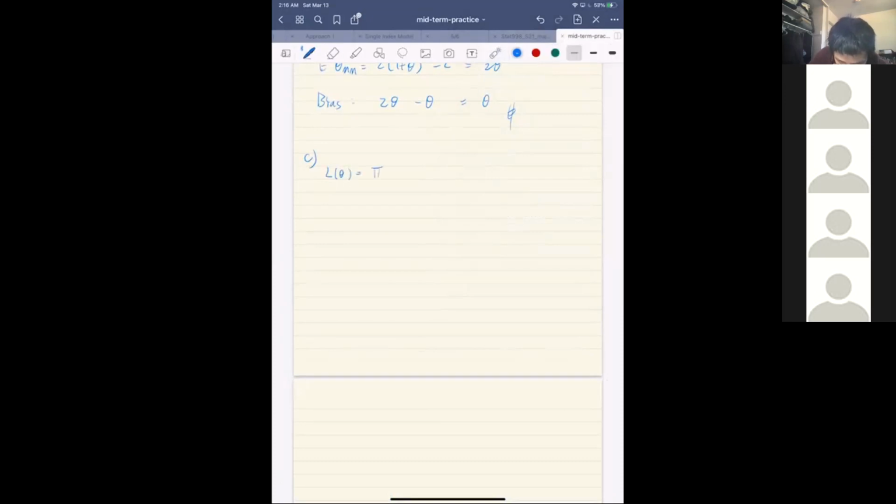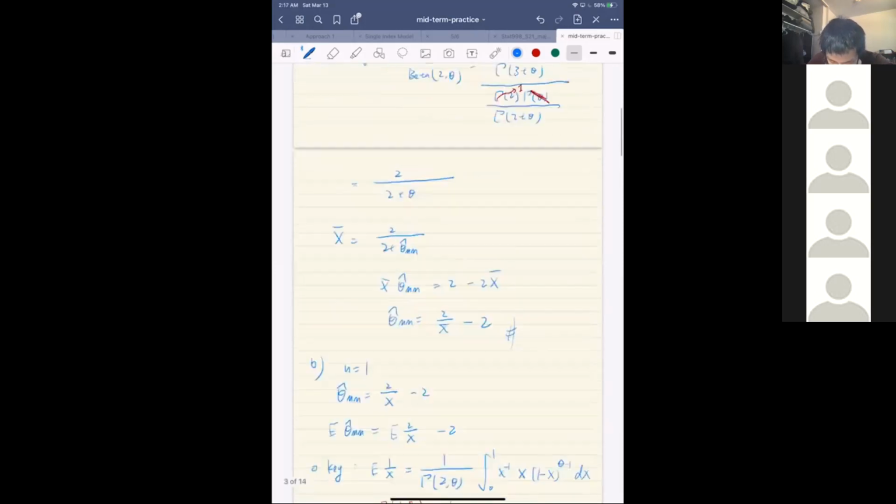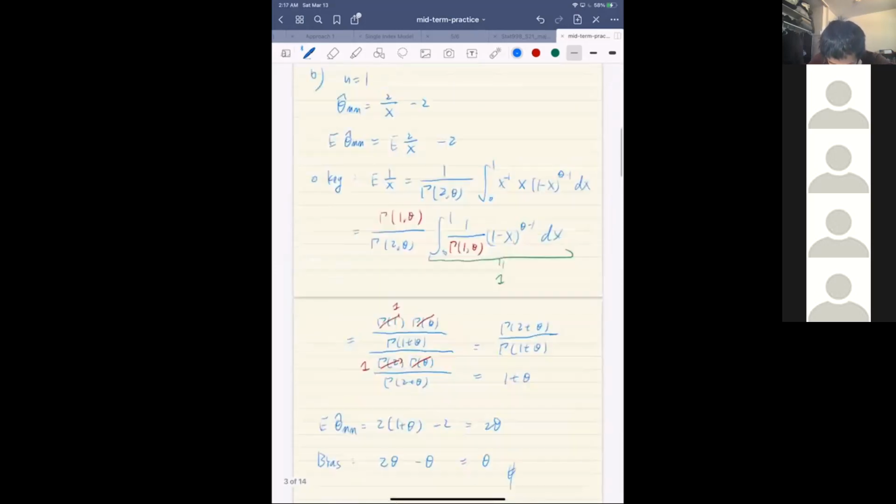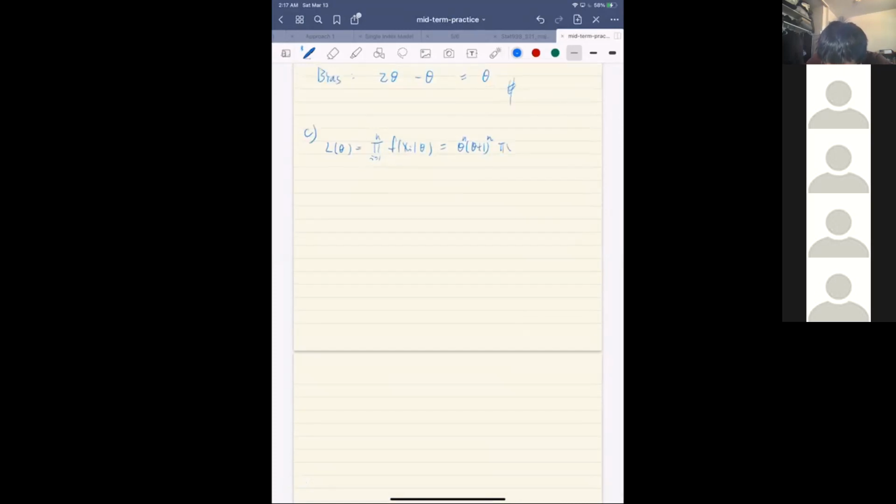It should be the product over i from 1 to n. And this is equal to theta plus 1 to the power n, and the product of Si and the product of 1 minus Si to the power theta minus 1. So this is the likelihood function, and then we take the log likelihood.